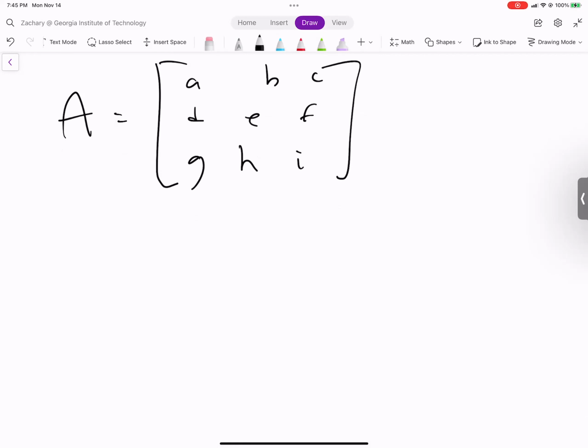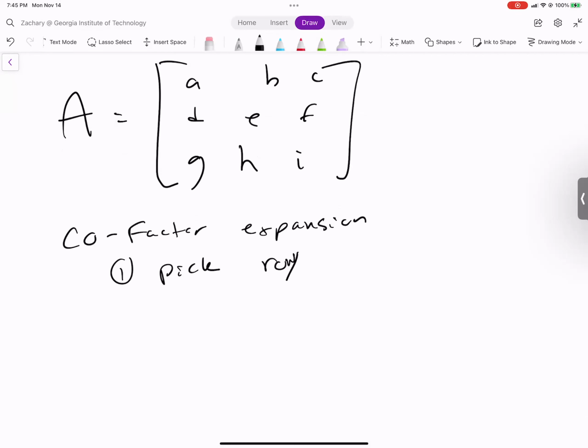What I like to do is pick the row or column with the most zeros. Rule of thumb. Cofactor expansion, number one: pick the row or column with the most zeros.